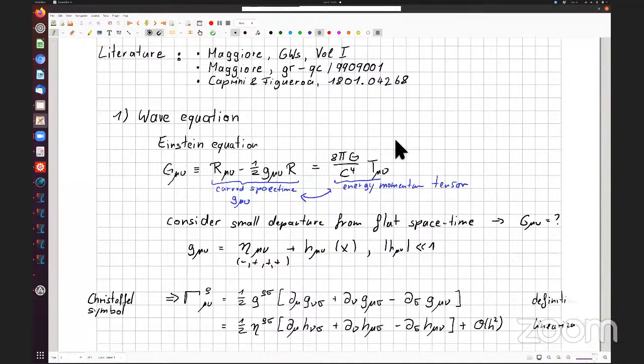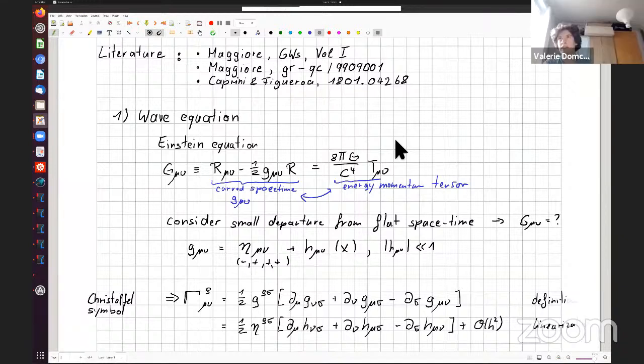Right. In GR, it's a prediction that the gravitational waves are massless. So our starting point was Einstein's equation, so general relativity. If we want to arrive at a theory which has massive gravitational waves, we need to start with a different theory. I don't even know if it's entirely correct to say we need to modify the left-hand side, but we need to modify this equation.